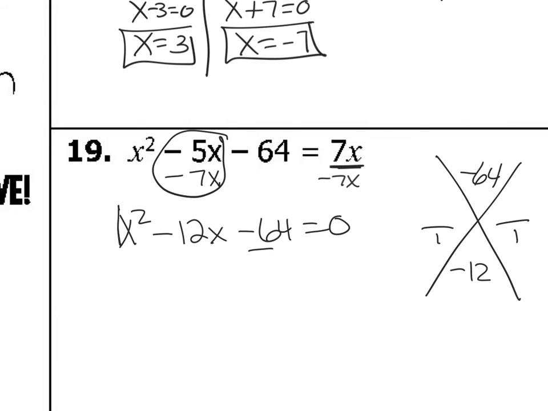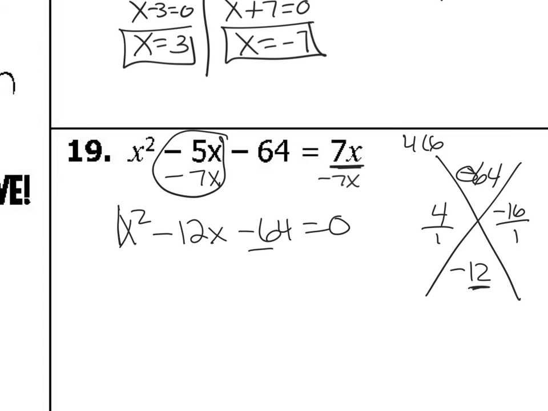All right, so factors of 64. 1 and 64, 2 and 32, 3 won't go, 4 will go 16 times. 4 and 16. I can get 12 out of that, right? I just have to determine which one's going to be a negative. So if I want negative 12, I need to make the 16 a negative.